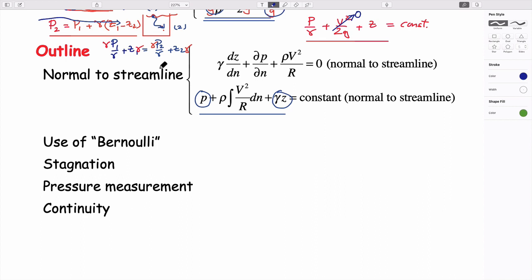So we'd like to talk not along the streamline, but normal to the streamline. Okay? We made the case that if we had a weight of some kind that was spinning around, we could pull it in, and the force that we'd have to apply would be equal to the mass times v theta squared over r, where this is the radius.